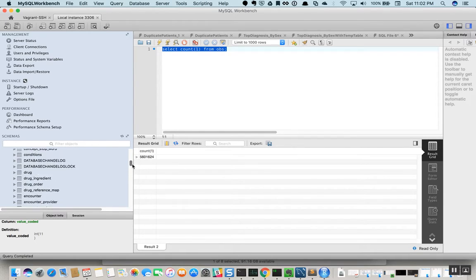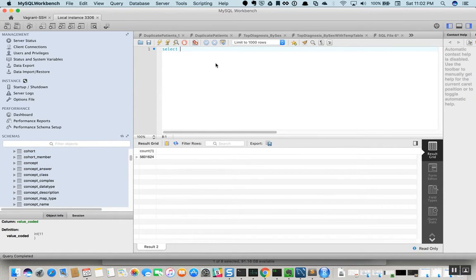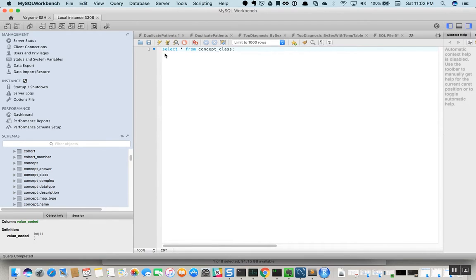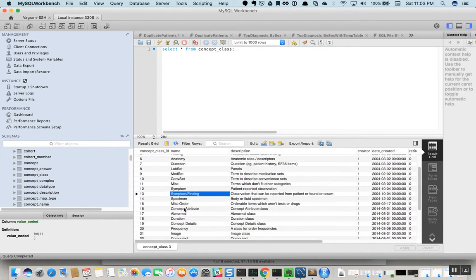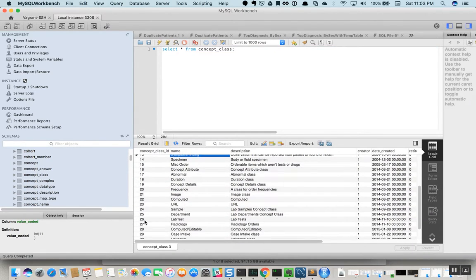One of the tables was concept class. So if we do select star from concept class and execute this statement, and scroll down, we can see that concept class with ID 26 represents lab test.